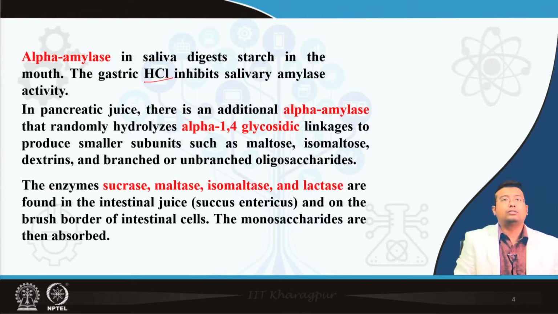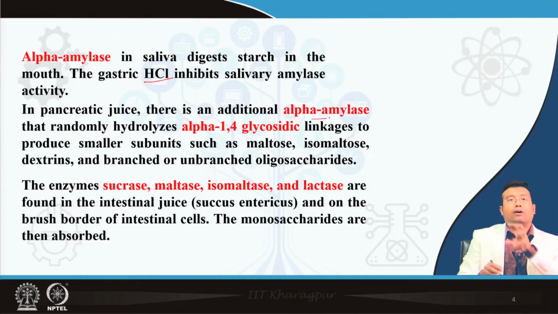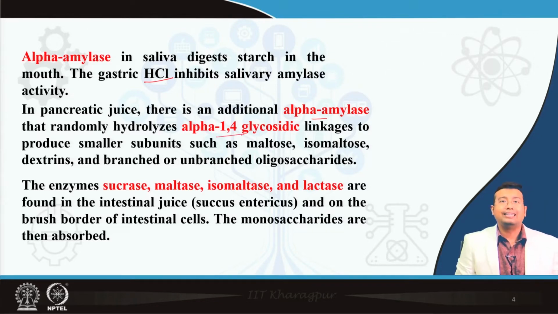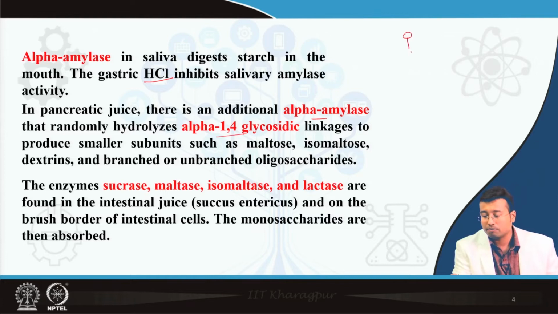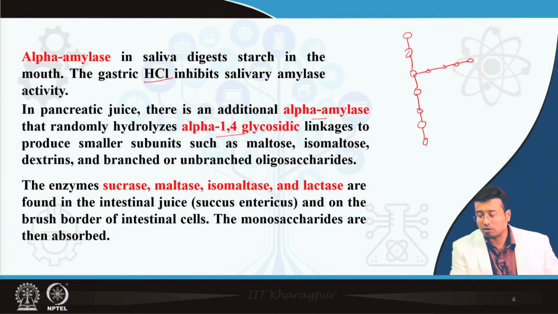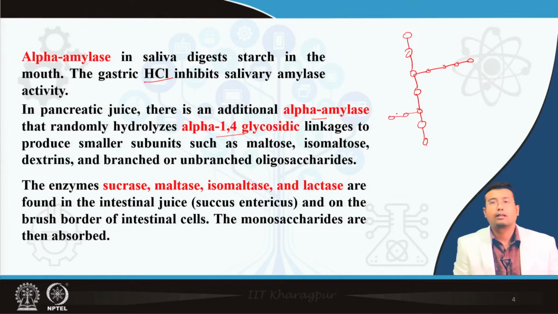So, it continues in the pancreas, where the pancreatic juice has alpha amylase, which breaks down the alpha 1,4 glycosidic linkage. Again, what is alpha 1,4? When we consider a polysaccharide or multiple carbohydrate units, they look like this. There may be branching, they look like branches of trees, twigs.